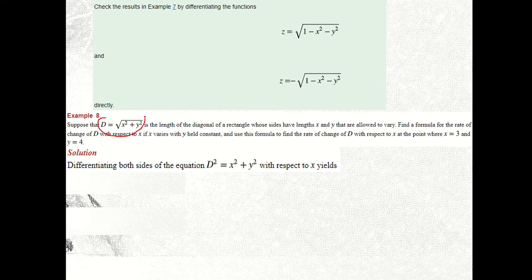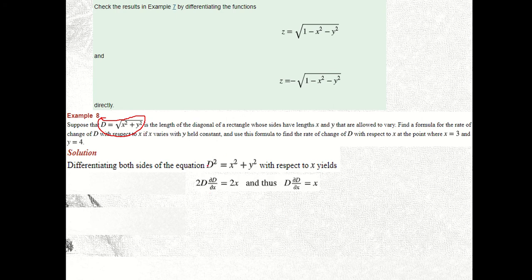So squaring both sides, you get d squared on the left side, and when you square the radical, the index here, which is 1/2, times 2 becomes 1, so we have x squared plus y squared. So differentiating both sides implicitly with respect to x, holding y as constant, we get this result.